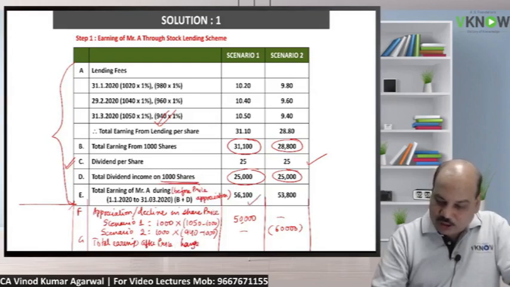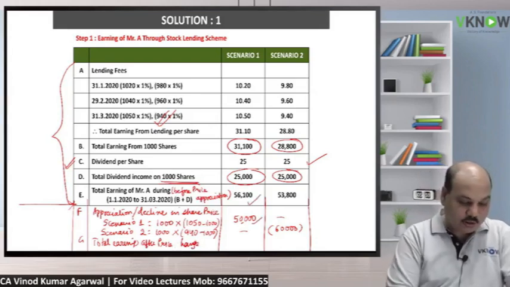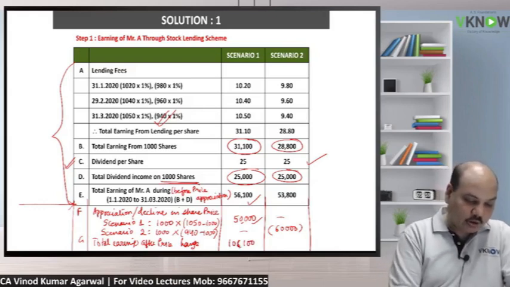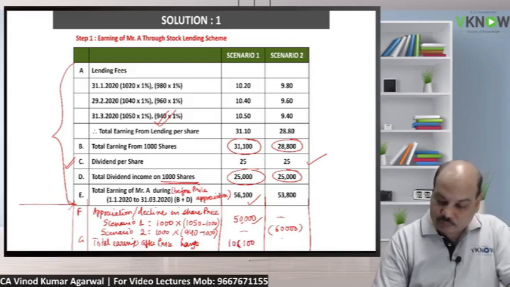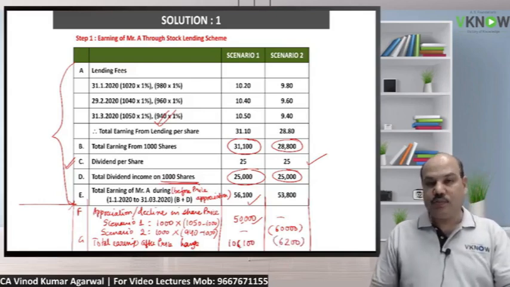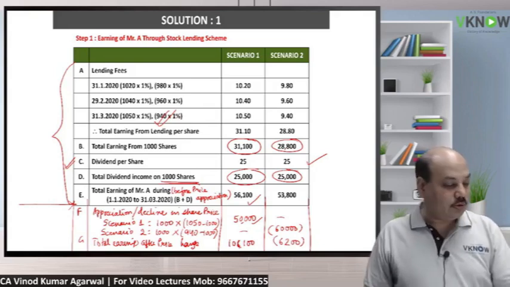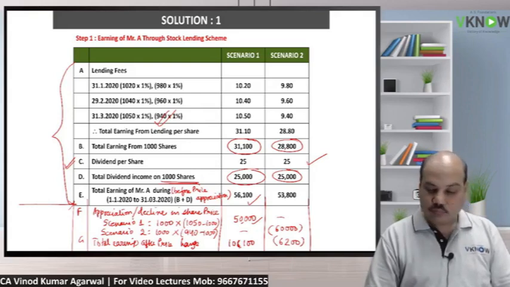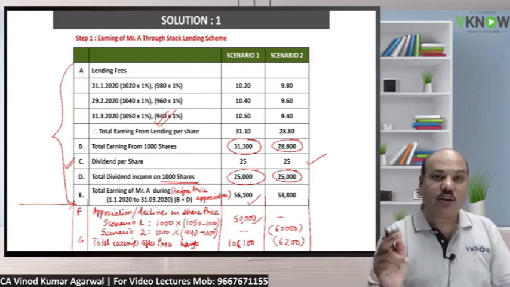So now you add these two also, 56,100 plus 50,000 is 1,06,100. But in second case, you have a loss, 53,800 minus 60,000. There is a loss of 6,200. Okay. So this is my first and second answer.